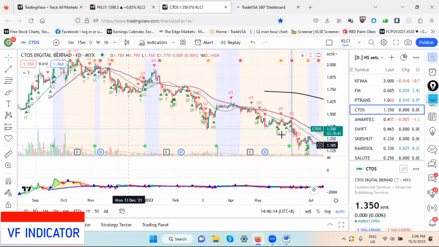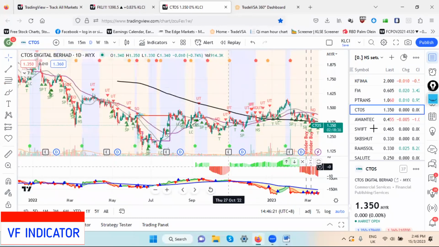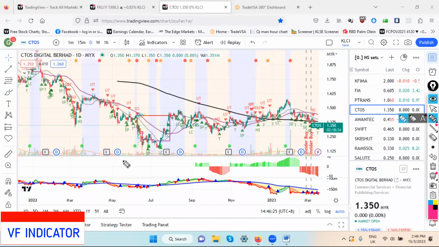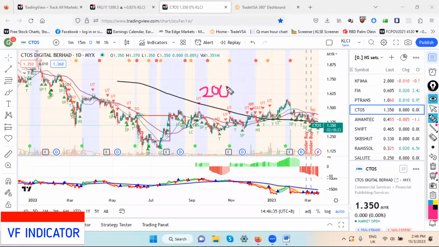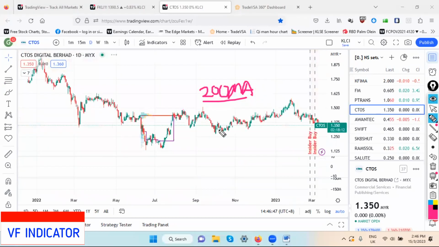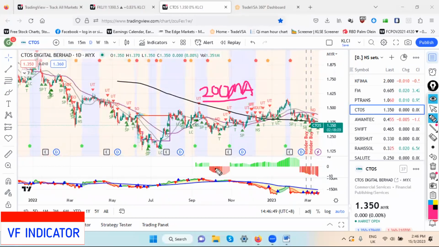One more thing I want to show you: sometimes when we have the trade zone here, you can see this is CTOS. At the beginning here there is actually nothing, because this stock is a new stock, and VF is based on some indicators that need at least about 200 data points before it can start calculating the VF. And VF sometimes becomes zero.